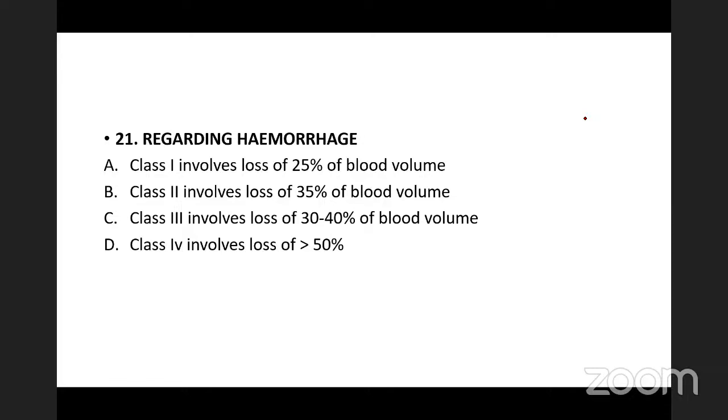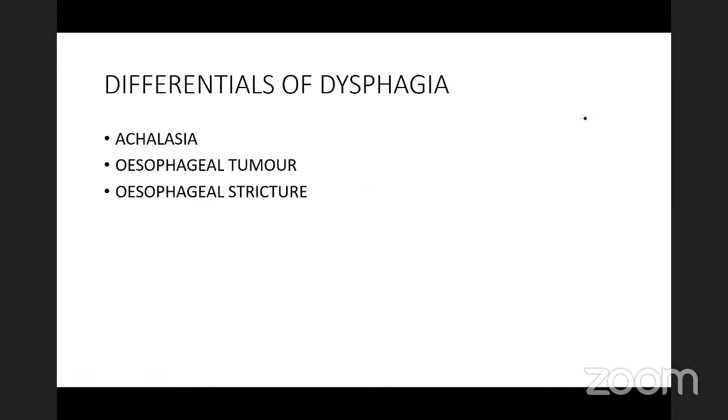Class 3 is loss of 30 to 40% of blood volume. And class 4 is loss of more than 40% of blood volume. So the only correct option here is C. Class 3 involves loss of 30 to 40% of blood volume.